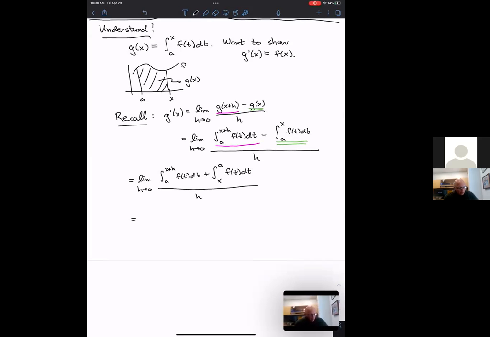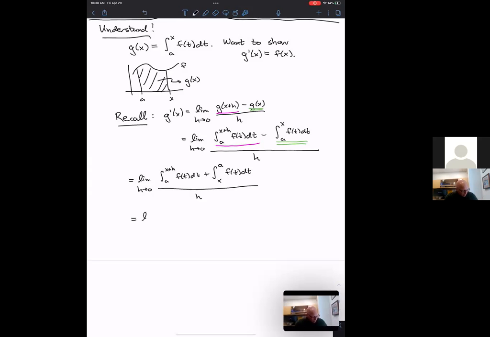Okay. But now I see I have an integral, and maybe it's actually easier to think about reversing these two integrals. So I'll think first about the integral from x up to a, and then I'm adding the integral from a up to x plus h. But this is another property that we know from integrals, that if I have two integrals where the top bound of one is the same as the bottom bound of the other, I'm allowed to combine these into one big integral.